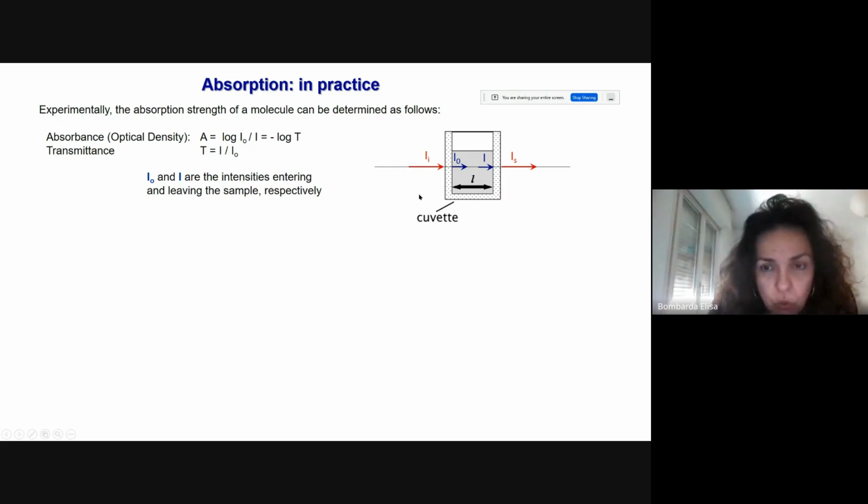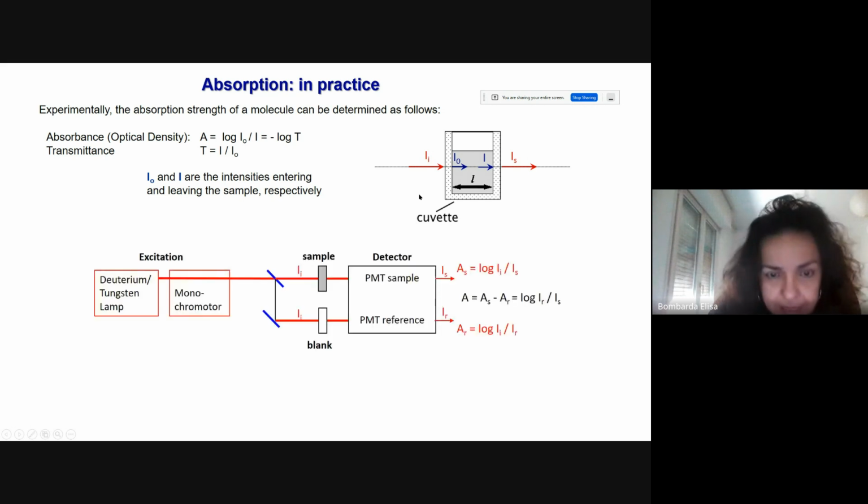Okay, let's see a scheme of a spectrophotometer.